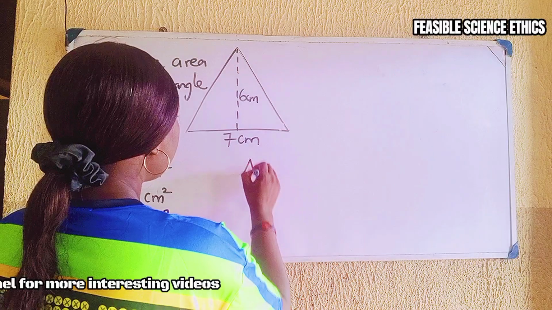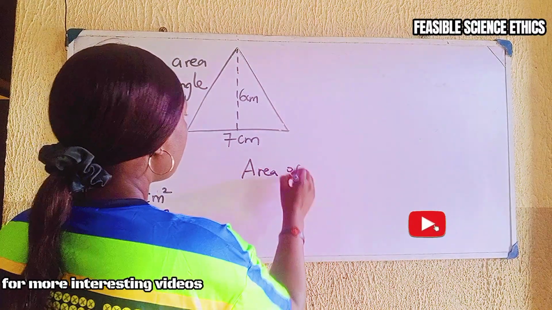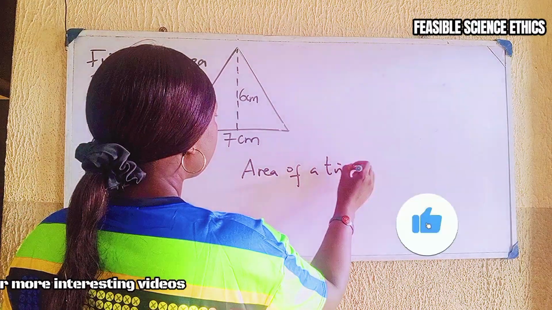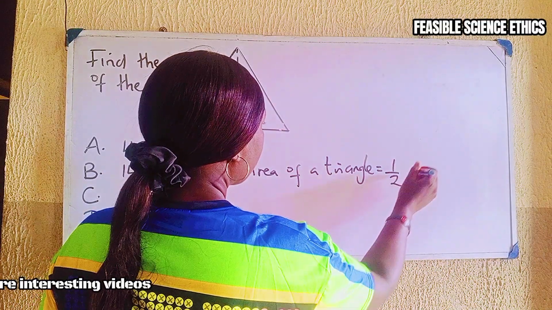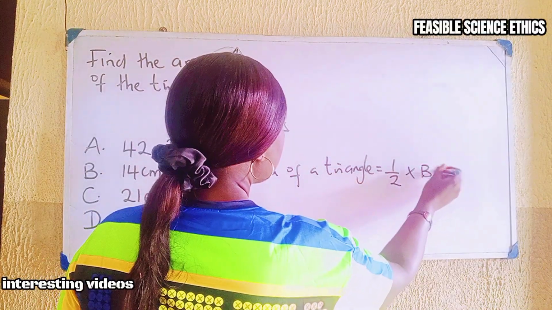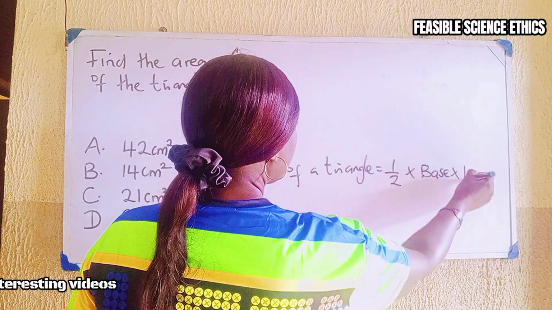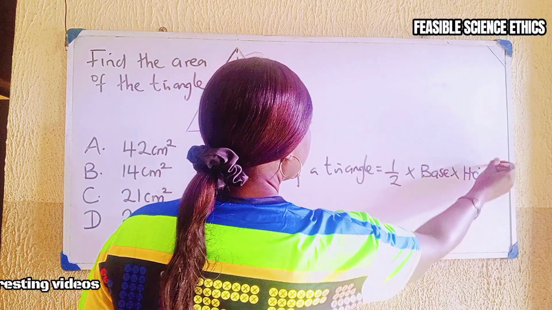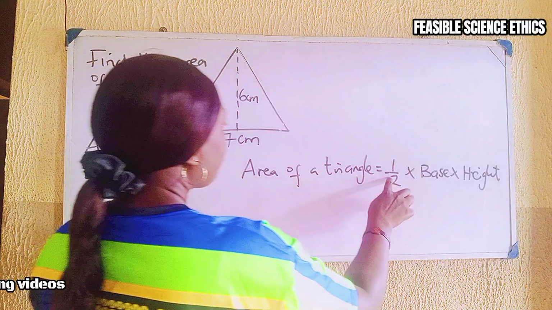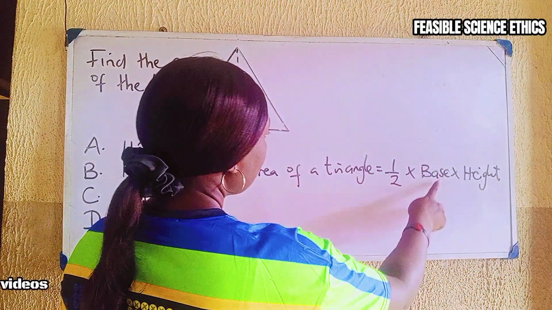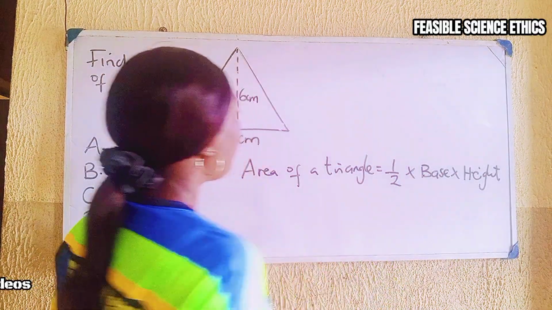So area of a triangle is equal to 1/2 times the base times the height. This is the formula. Half times base times the height.